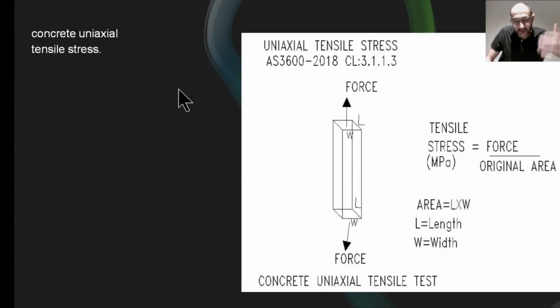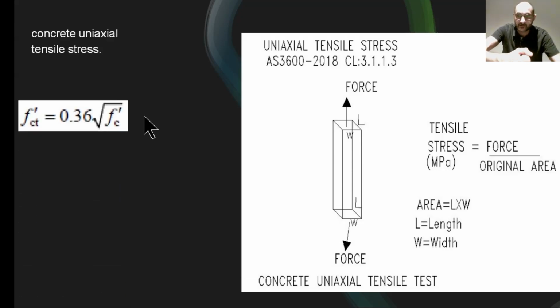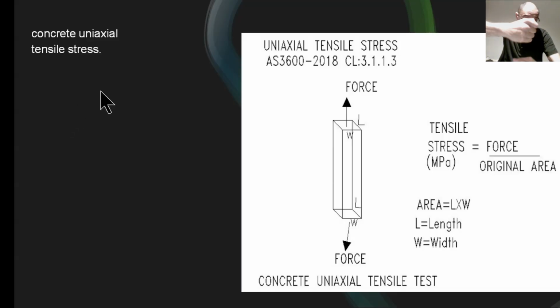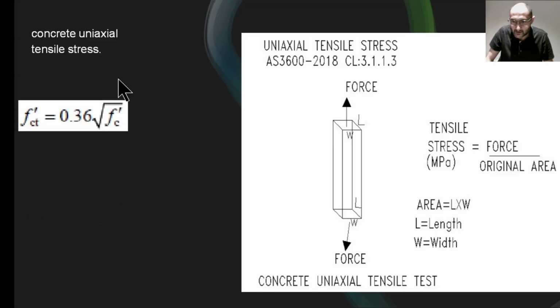Now with concrete in a uniaxial tensile test, uniaxial means the test is in one direction, so you're pulling the cylinder outward in one direction. That's the uniaxial tensile test. We will get a very small tensile strength. If you take that cylinder and try to pull it apart, it will give you a very small tensile strength, and it would crack almost straight away.